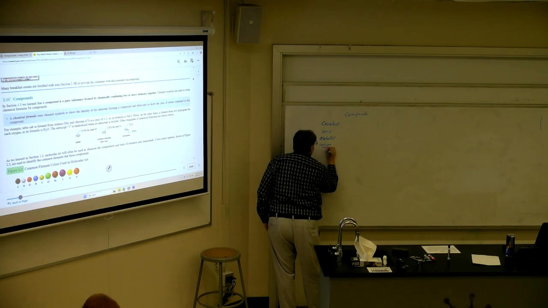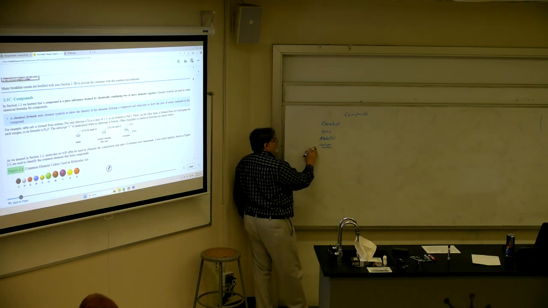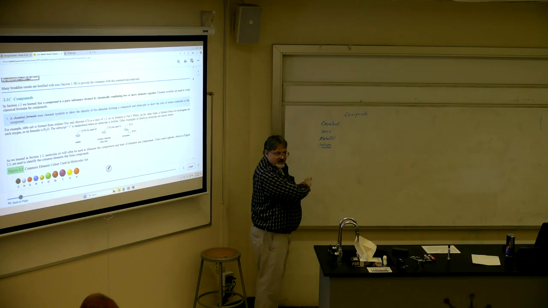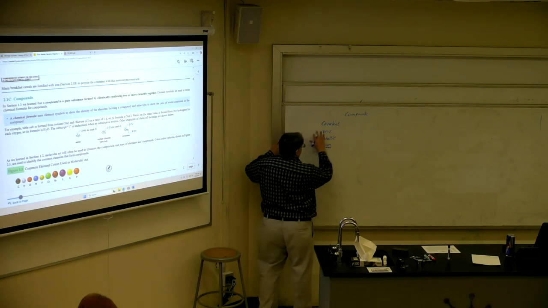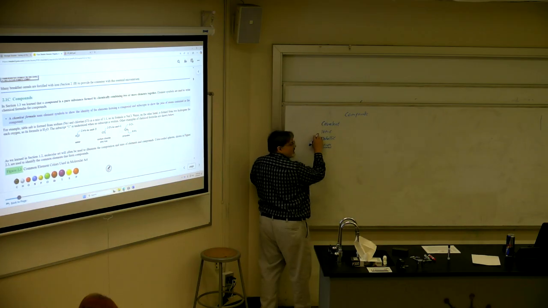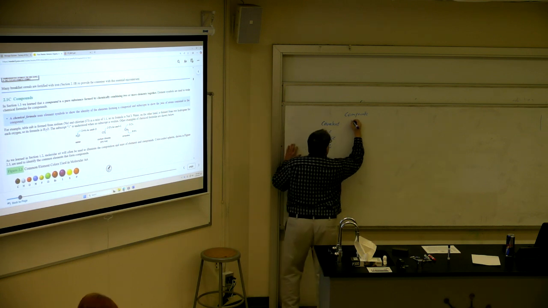There's one more, called coordinate covalent. We're not really going to study that one though. I just like to put it there because that's a complete list of all the compounds throughout the entire universe. Those are the 4. And we don't even really talk much about metallic compounds. These are the 2 main things we focus on: the covalent and the ionic.